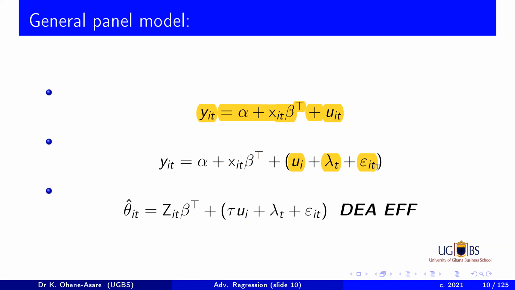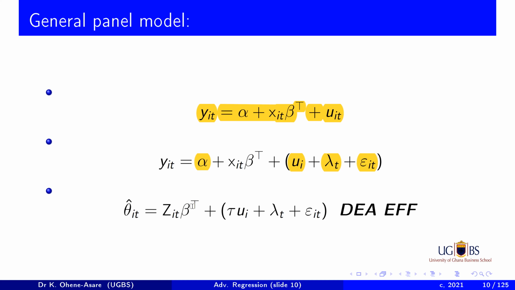For those of you who do efficiency and productivity analysis and talk about second stage variables, the dependent variable becomes the efficiency score, or it can be return on asset or return on equity. Then in a proper panel model, the constant term is not there, so you can see that the alpha has been removed.